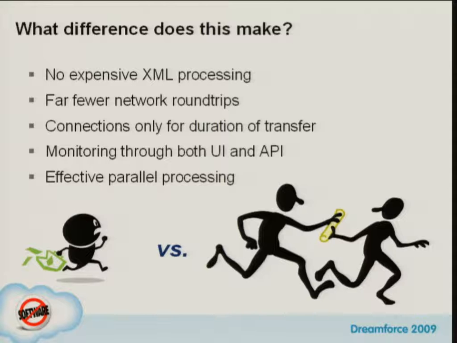A big benefit you get from this model is the monitoring side. So now, not only on the client can you poll for results, but you can go to setup. You can go to the bulk API loads areas of setup and see current jobs that are running, see the progress that those jobs have made so far, see recent jobs that are up there.